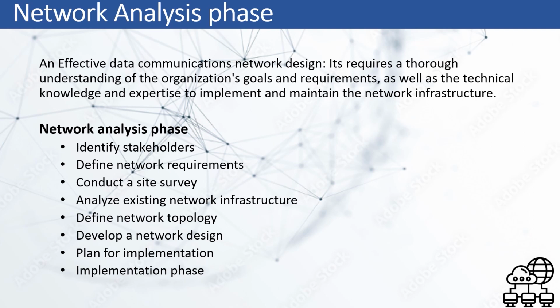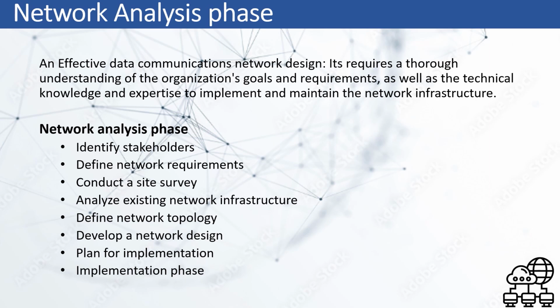Third, conduct a site survey. A site survey involves gathering information about the physical location where the network will be deployed. This includes understanding the building layout, cabling infrastructure, and environmental factors that may impact network performance.